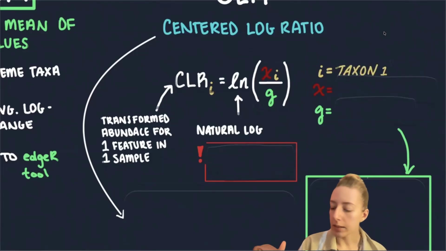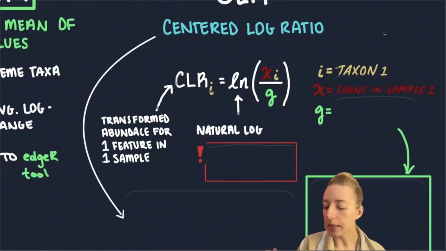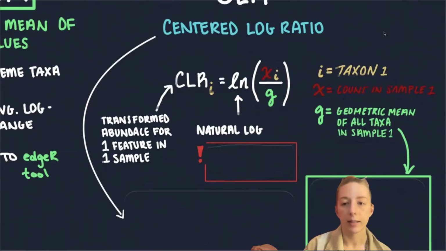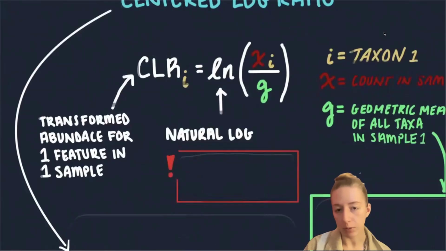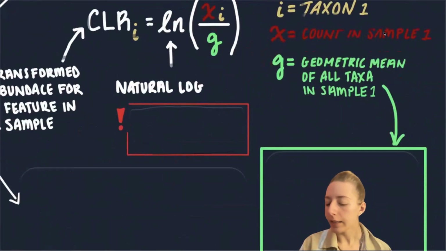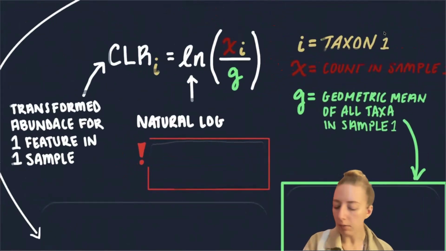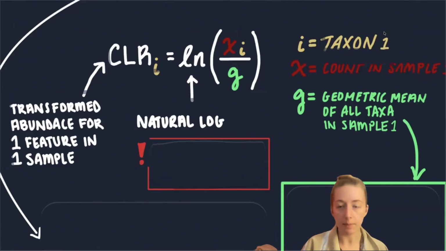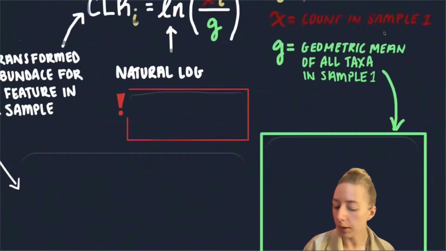The i here represents a single taxon, so taxon 1. x represents the counts in sample 1, and g represents the geometric mean of all the taxa in sample 1. ln is the natural log. So what we're looking at here is putting the count of a single taxon in one sample in context with the rest of the abundances of the other taxa in our sample 1.